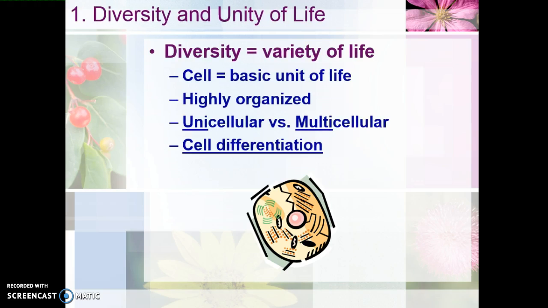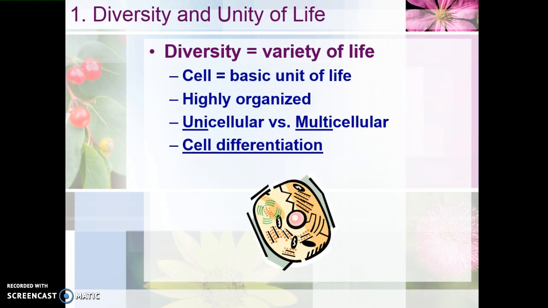So first, diversity and unity of life. Diversity is the variety of life. The cell is a basic unit of life, so it's going to be something that's similar, but there are some things that make it different as well, and unicellular organisms are very different from multicellular organisms. Unicellular is a single-celled organism, and multicellular has many different cells that do different functions.